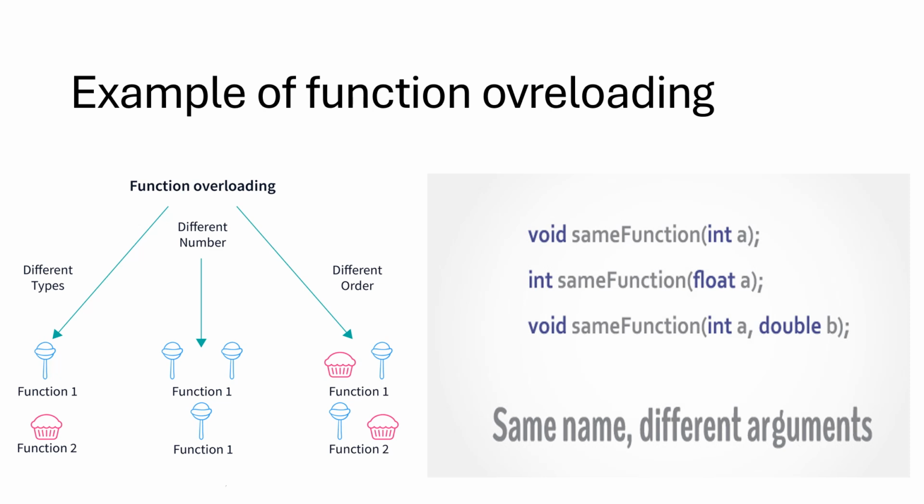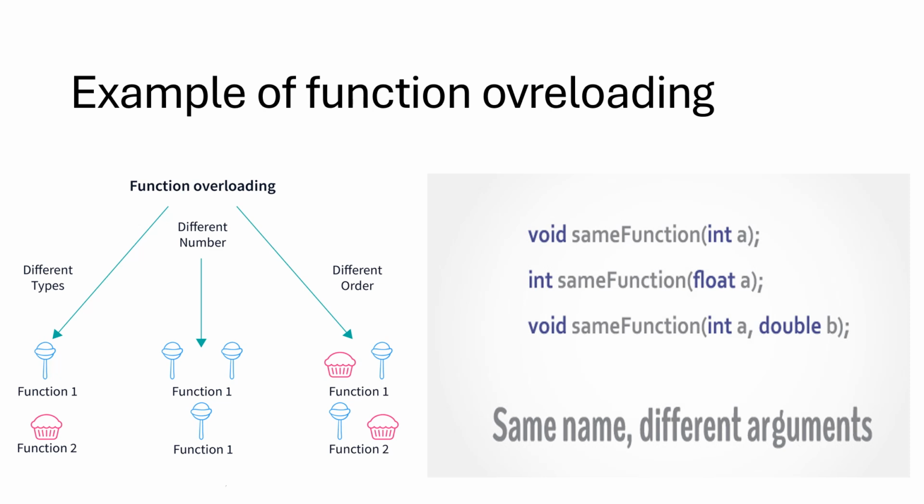In this diagram of function overloading, we have different types, different number, and different order. Different types means different data types, like our third example. In one parameter list we can have integer, double, and so on. That is, different data types can be used in a single argument list.